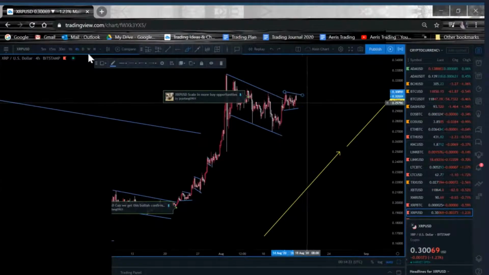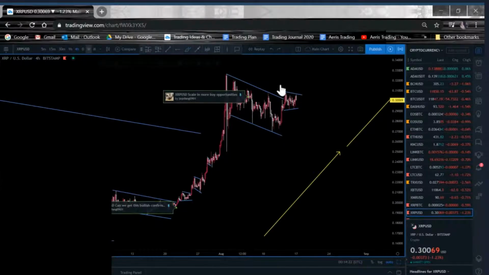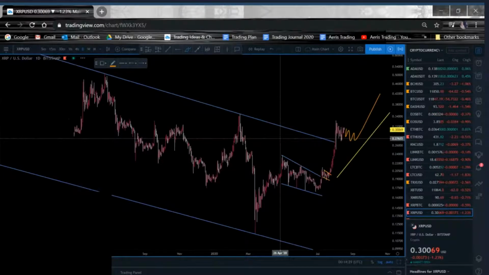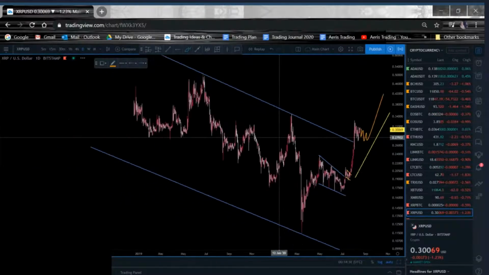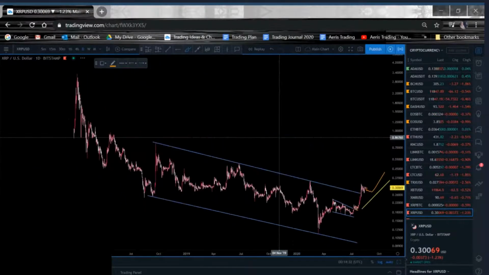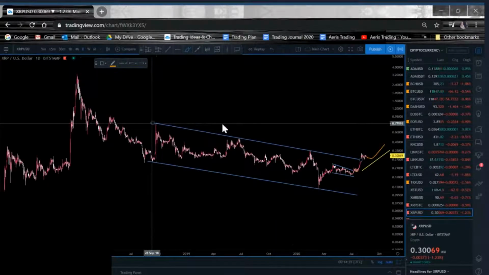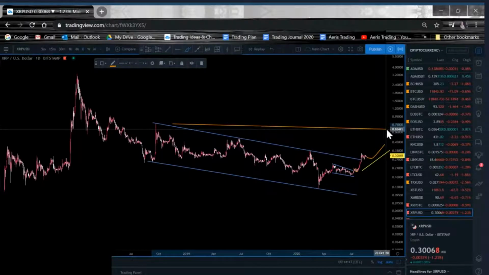But overall, if we look at the higher time frame, I'm still looking for this long-term buy, because if we zoom out a little bit, we're just breaking above this overall channel structure right now. There's a lot of room to the upside. We can still see this top as a potential target.